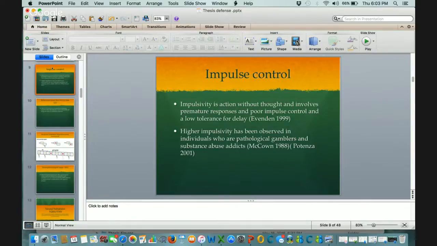Persons who have higher impulsivity are typically pathological gamblers and substance abuse addicts. An example of a pathological gambler is someone who constantly continues to gamble even though they keep sinking into a lot of financial debt.